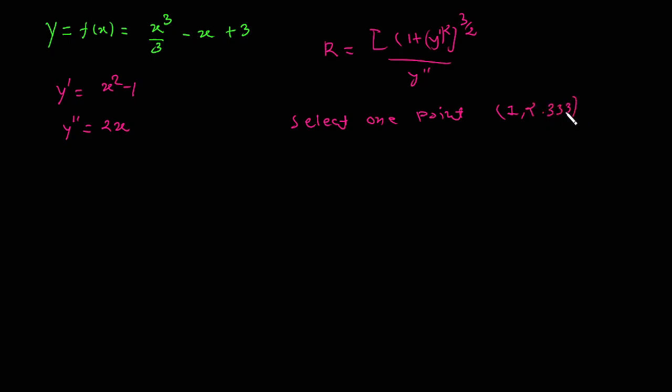So we can write it like this. Now in the same way we can find the radius at this point, which is 1 comma 2.33. With the help of this equation we put in the values of the first derivative and second derivative, and we can find the radius.